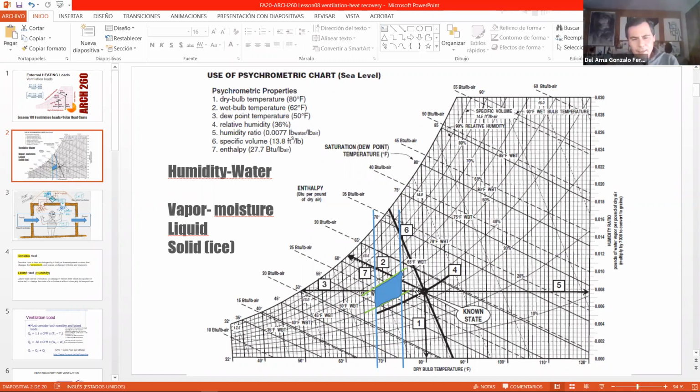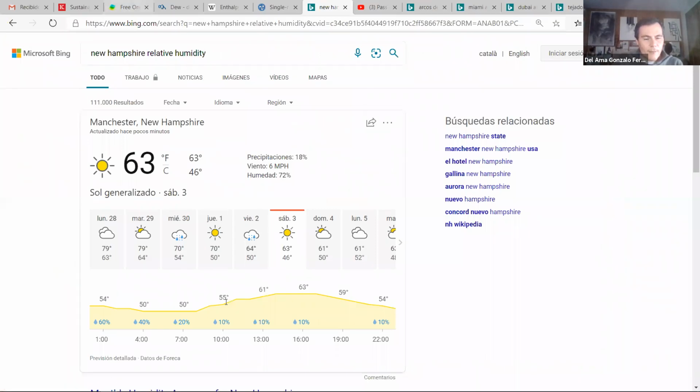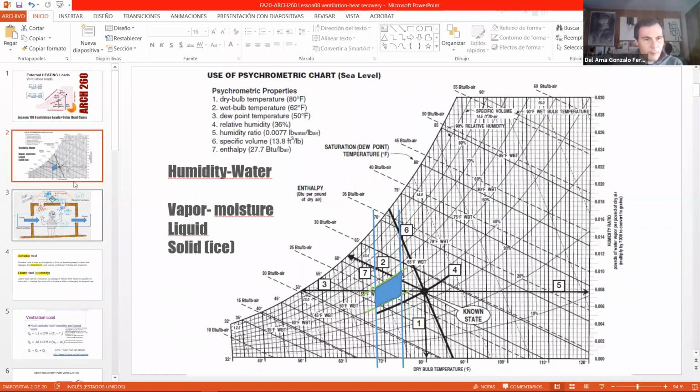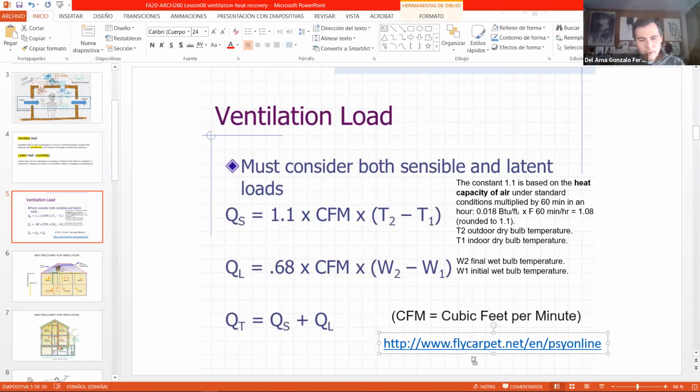Okay. Well, this is the old-fashioned way to work with this psychrometric chart. But now technology is amazing, and I have uploaded here this link.